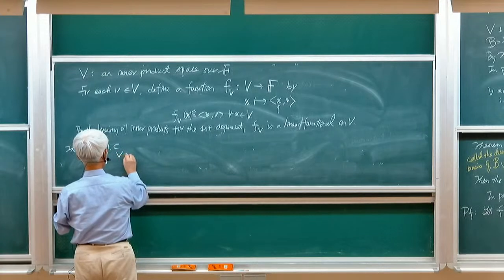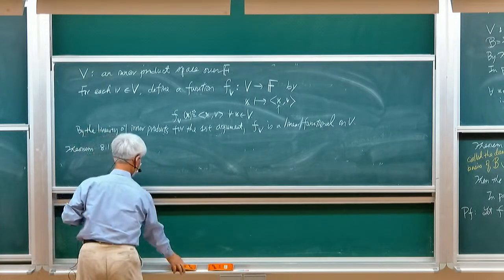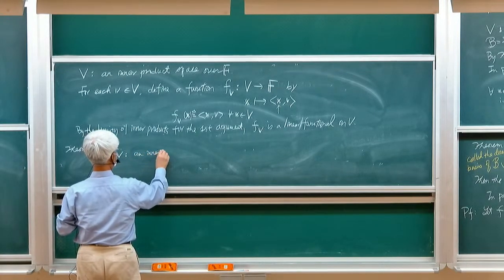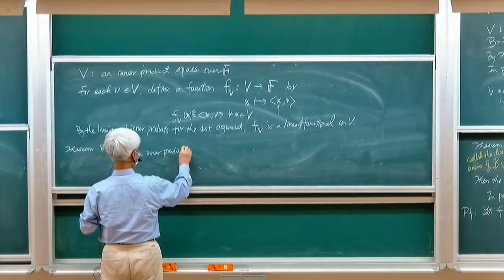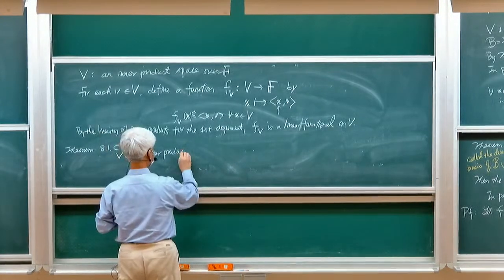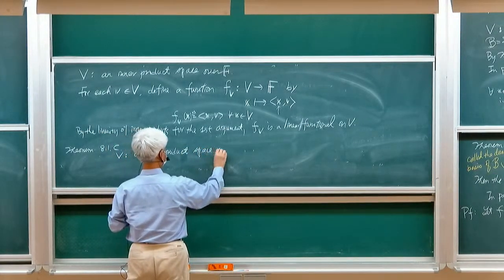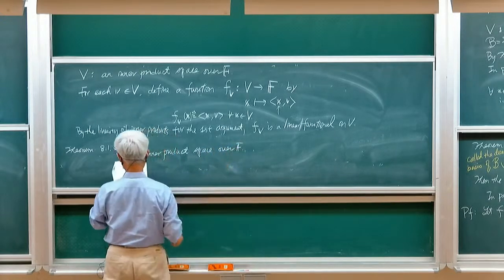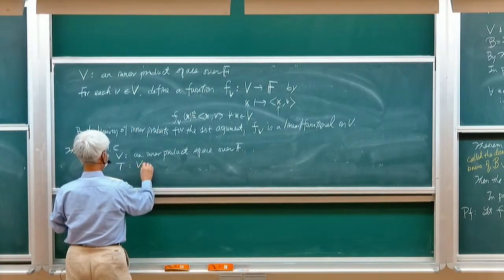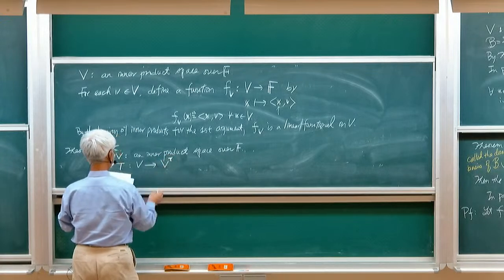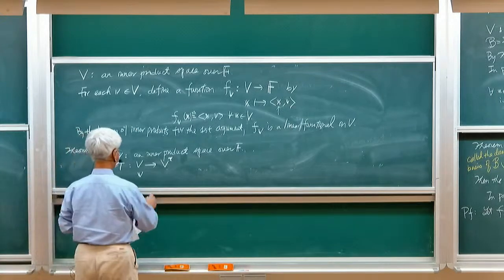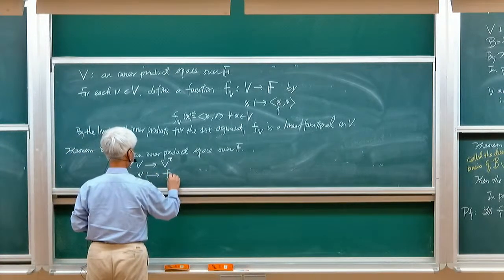V is an inner product space over F, and T is a map from V to V star, where the association is that for every vector v in the inner product space, we go to the linear function f_v.